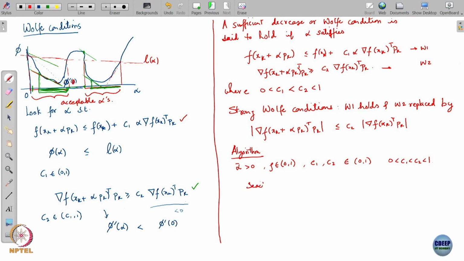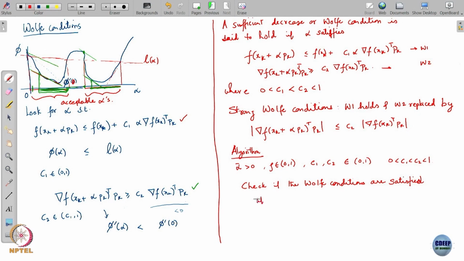So what one does is you try, let me say, check if the Wolfe conditions are satisfied. At each iteration, check if the Wolfe conditions are satisfied.